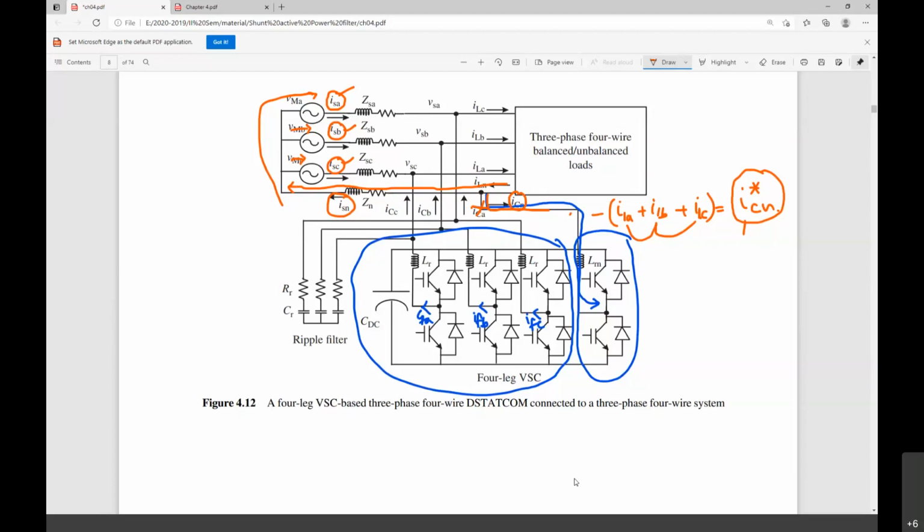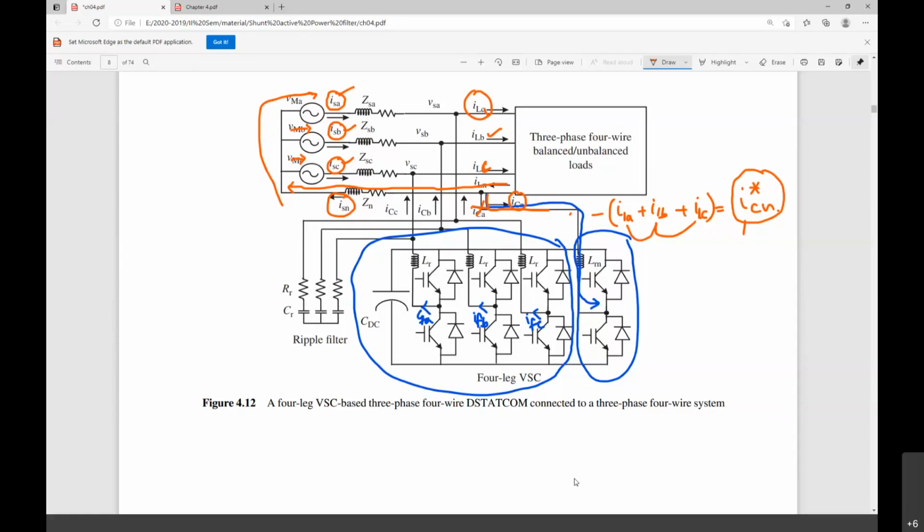The neutral current depends on what ILA, ILB, and ILC should be. If you allow the neutral current to the source, then ISA, ISB, and ISC are not going to be balanced.